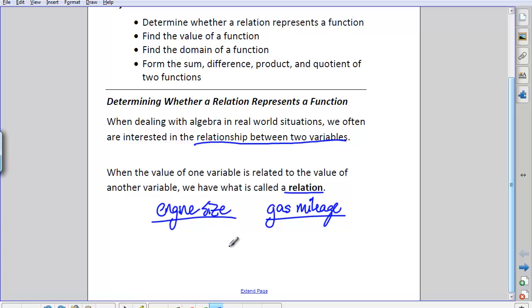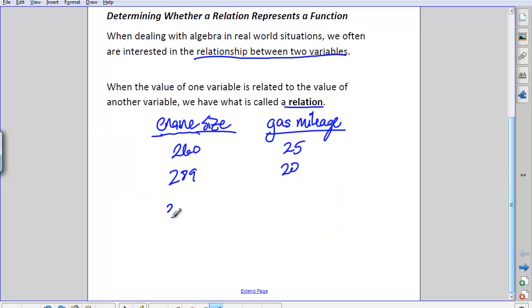To see that relationship, maybe we could look at some different engine sizes. Let me write that a little neater. Let's do that again. So maybe 260 has gas mileage of 25, and as these numbers get larger, we would see probably that gas mileage is going to drop.